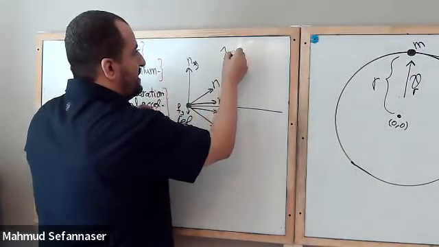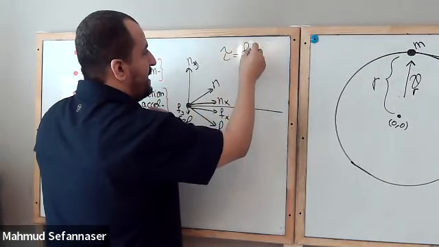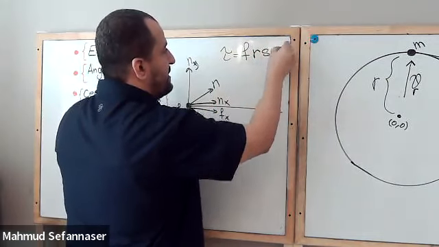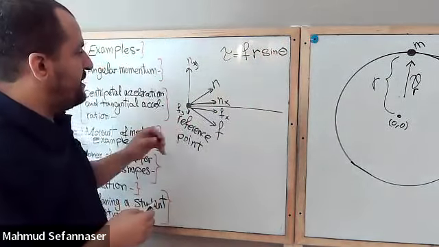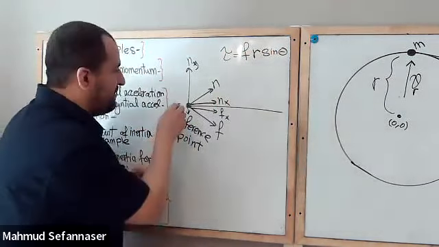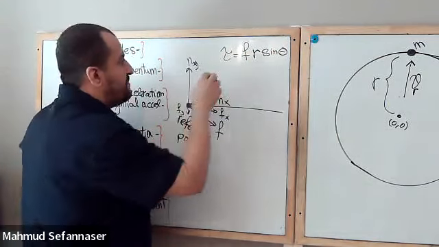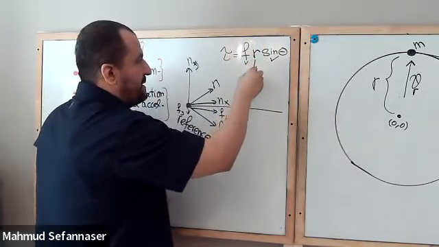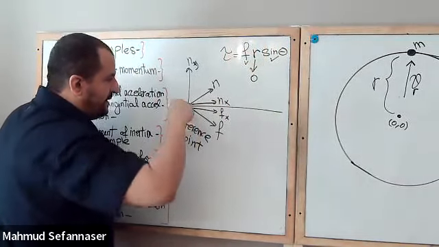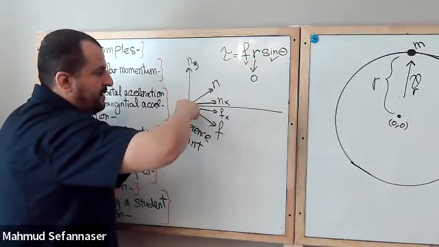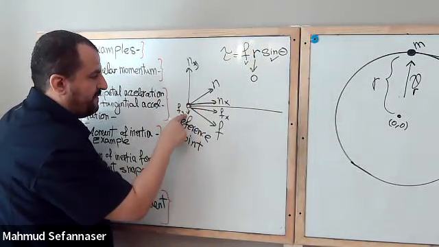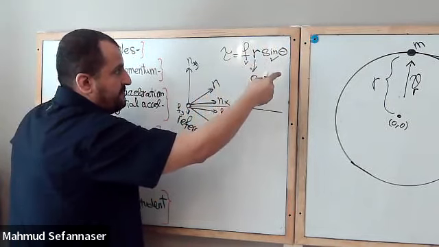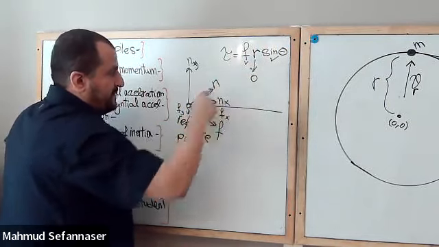We know that tau is equal to force times arm, which is r, for example, times sine of the angle theta. So if you look at this, you will see that the reference point is right here. That means even though we have the normal force, with an angle maybe 90 degrees, r is equal to 0. So there is no arm here because the reference point is right here. And the same thing applies to the friction force. Since the reference point is right here, the torque due to the friction force is equal to 0, and the torque due to the normal force is equal to 0.